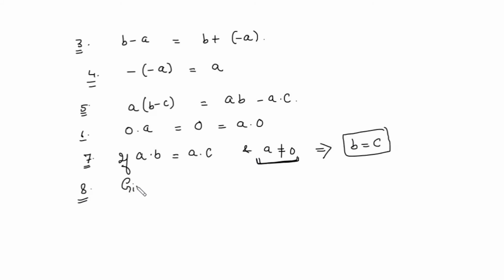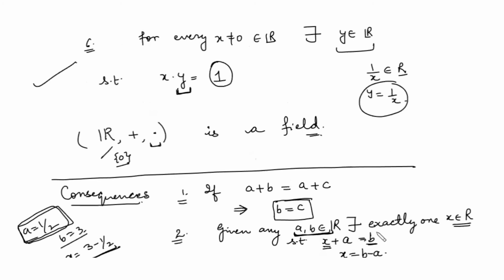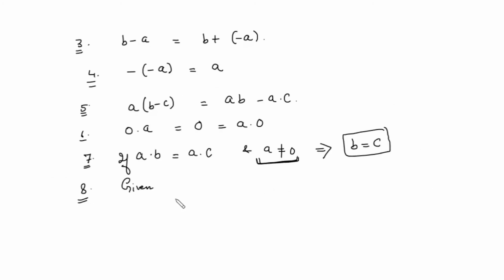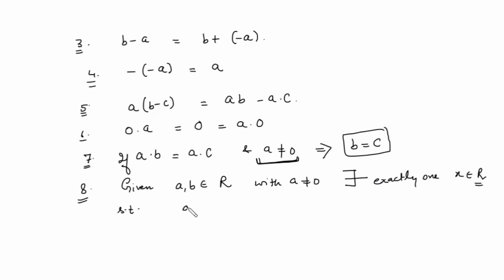The next is the same as we have done in case of addition. Similarly, we will have in case of product also. Whenever you are having two real numbers with one number non-zero, then there always exists exactly one x as a real number such that a times x is b.